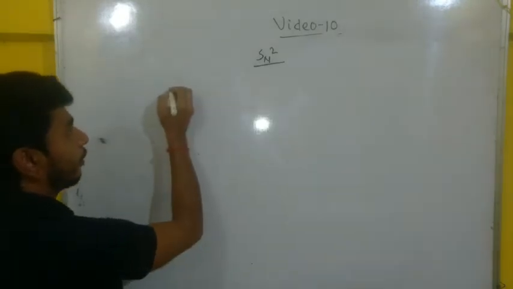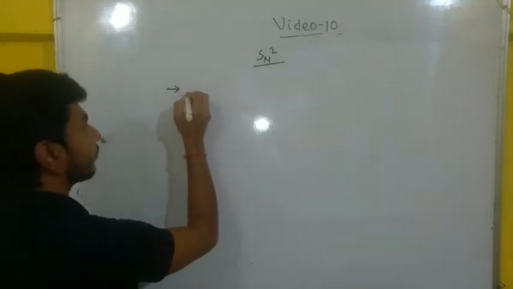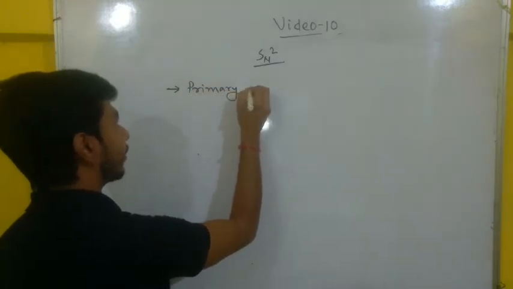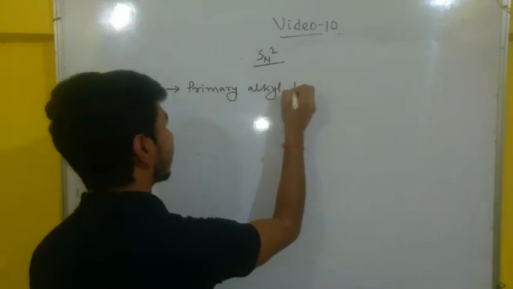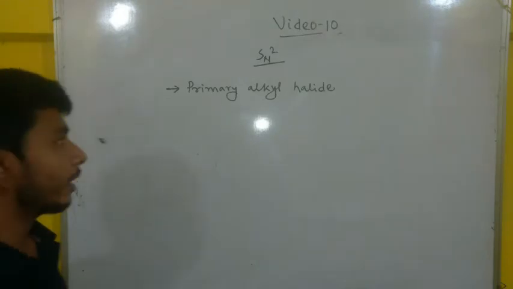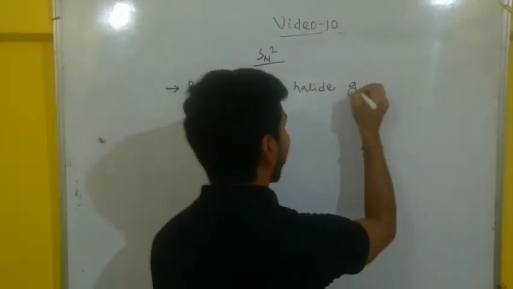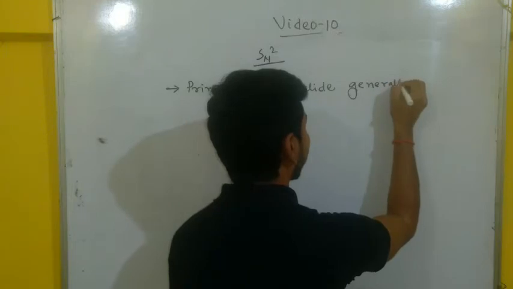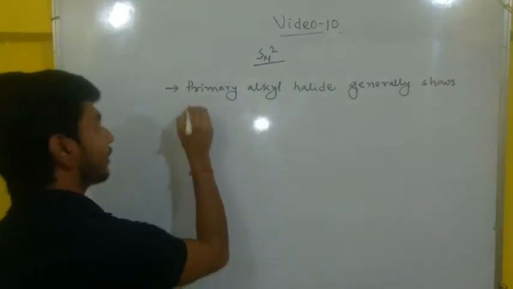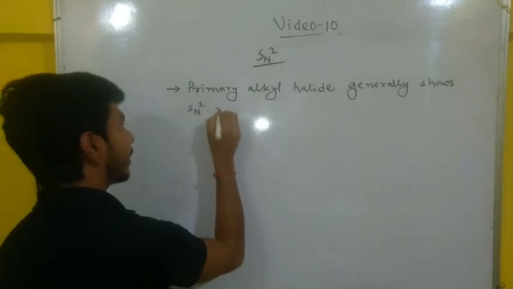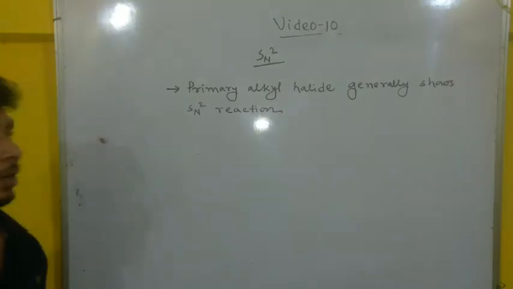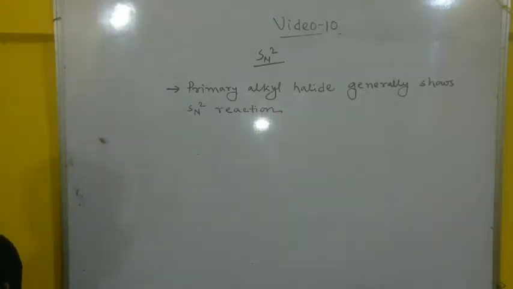So SN2 reaction: primary alkyl halide generally shows SN2 reaction.